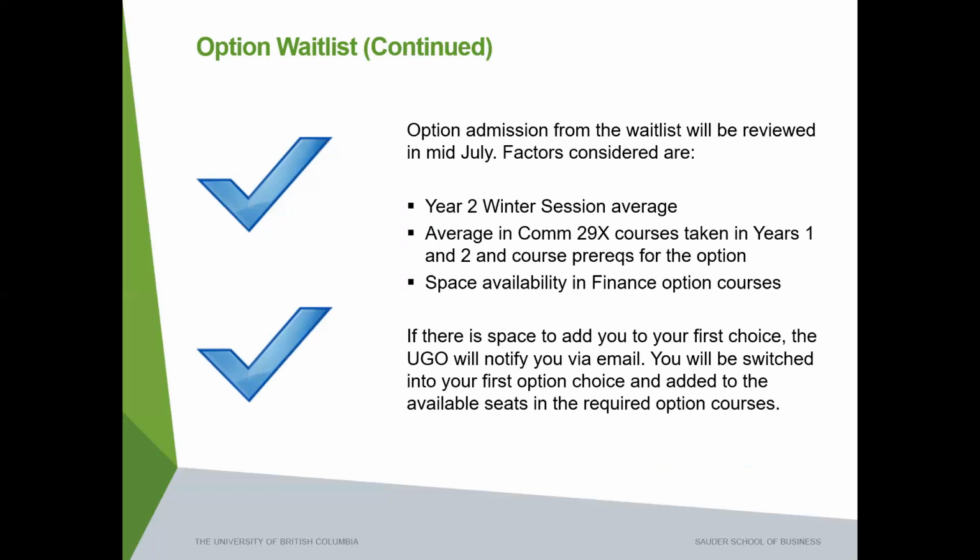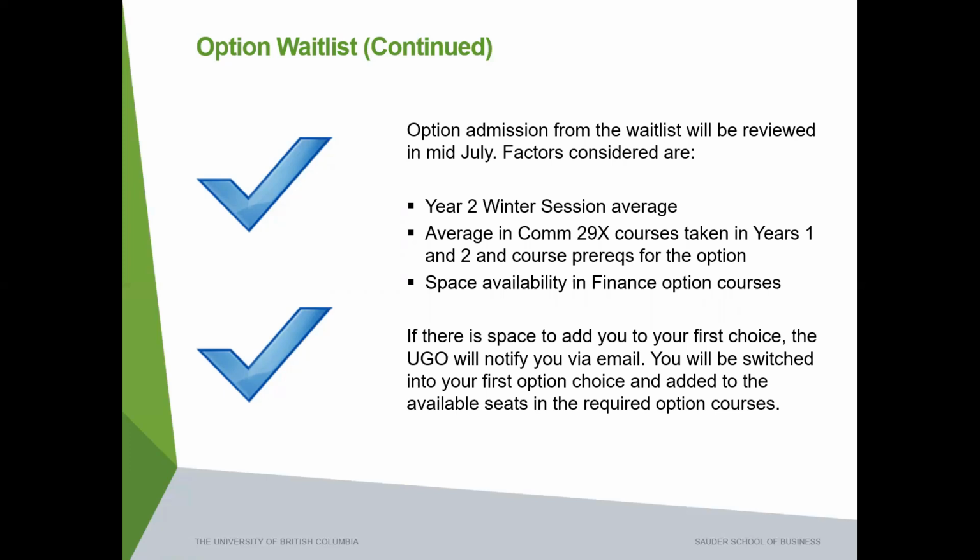If you are on the option wait list, you will be reviewed on the following factors. At that point, we're drilling down a little bit deeper into your GPA. So we're not only looking at your year 2 winter session average, we're also looking at an average of all your COM 29X courses taken in years 1 and 2, and space availability, of course, and what we have available in the option courses.